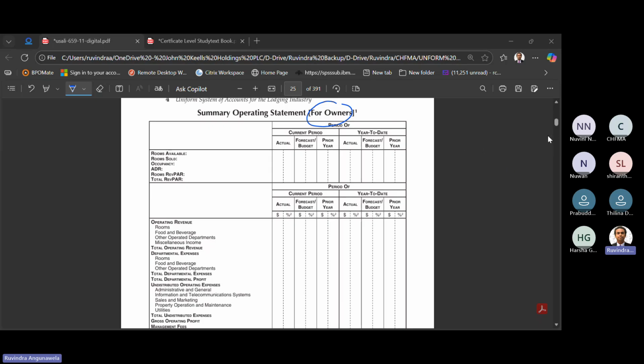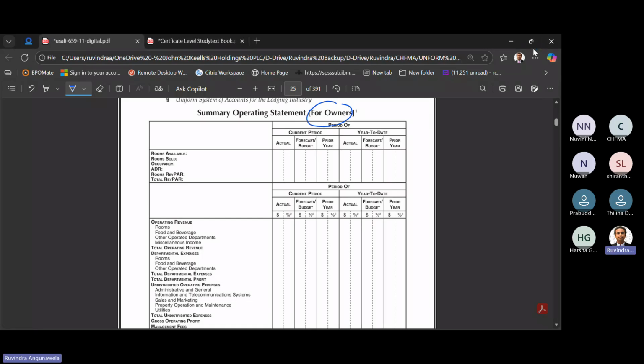Now, if you take from the top, I'm just going to give you a brief explanation of what you're seeing on screen. If you see from the top, we have the period, that is from which period to which period we are looking at. When we looked at the previous case study, we referred to this period as 23, 24 or 24, 25. That is a year basically, from April to March, right?